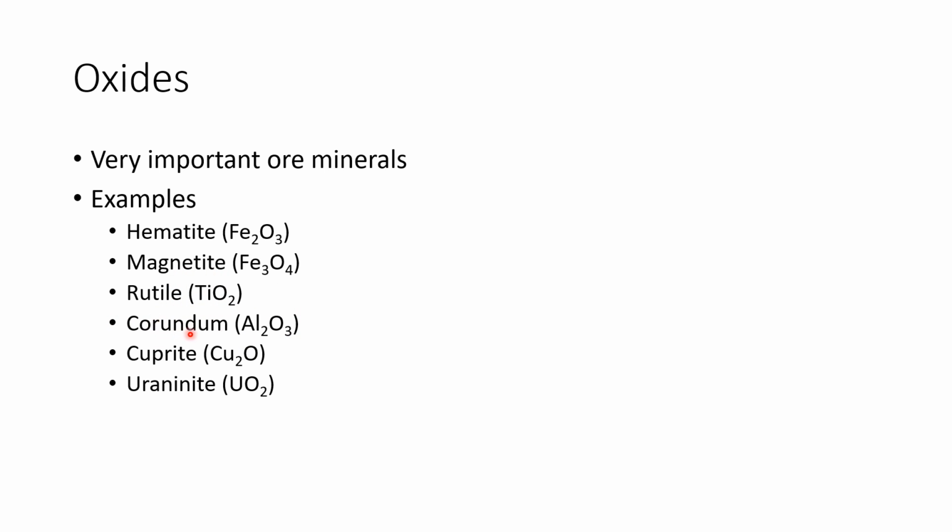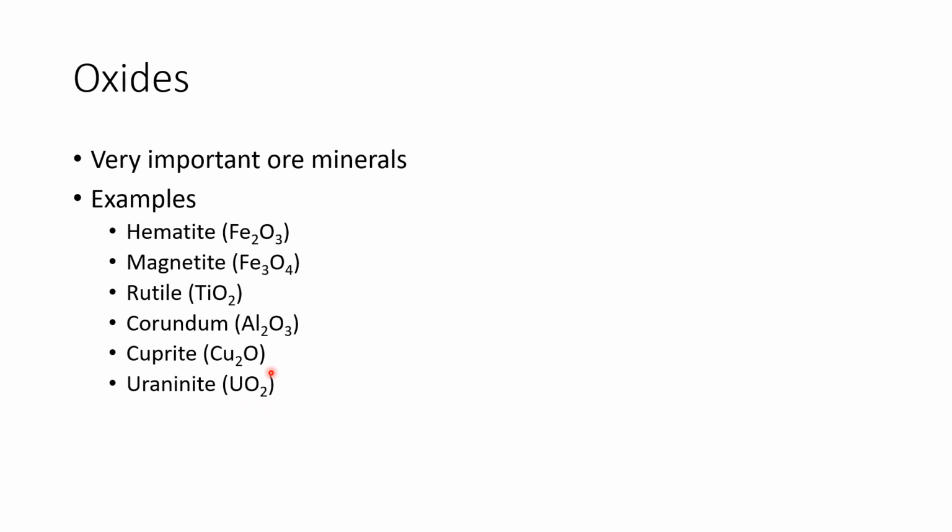Corundum doesn't make very much of an ore because this is such an incredibly hard mineral. Diamond is 10, it's the hardest, but corundum is next at 9. So it's really, really difficult to process. Cuprite and uraninite make really good ores for copper in the case of cuprite, or for uranium.